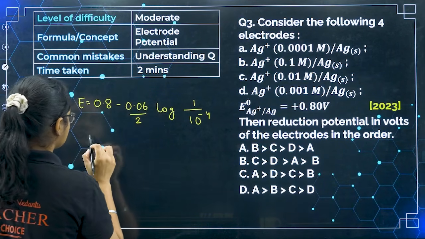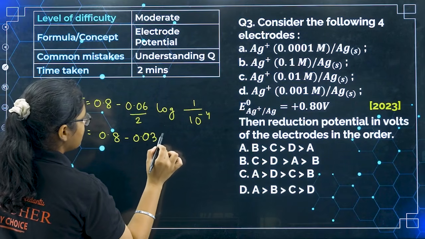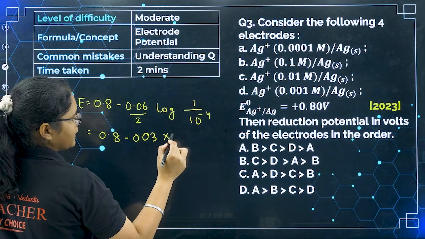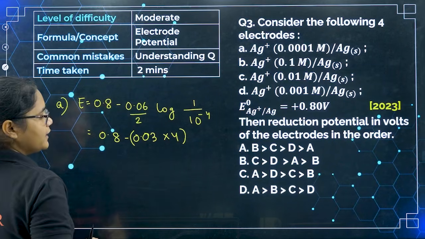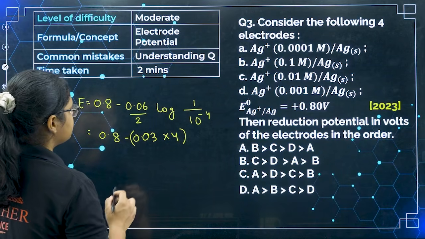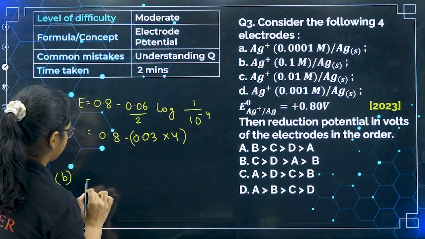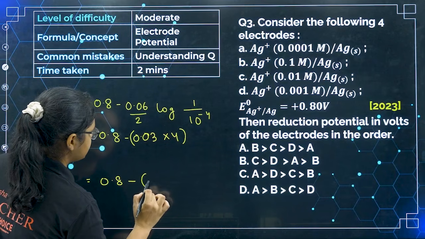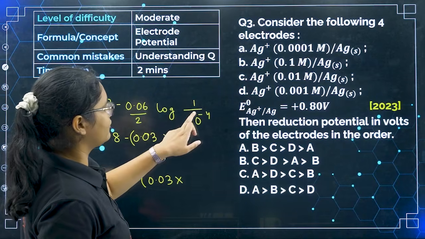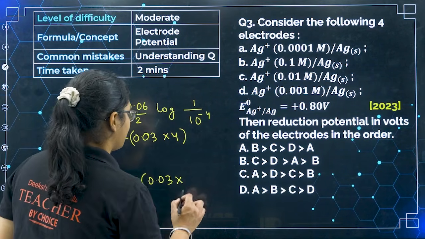So this goes up, so it will give me 0.8 minus 0.03 log of 10 to the power of 4, which becomes 4, then this 4 will be multiplied here, right? Next, for option number B, it will become 0.8 minus 0.03 into, here in place of this one I'll put 10 to the power of minus 1, that goes up, it becomes log 10, and log 10 value is 1.